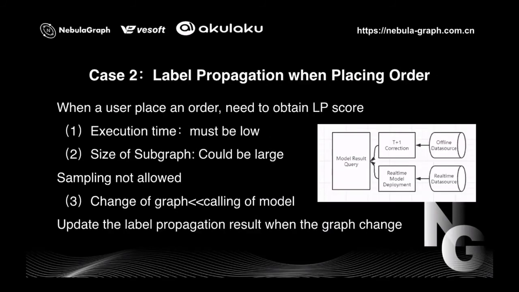The second case is label propagation when we are placing an order. By placing an order, we mean that when a customer places an order, we can still determine whether or not we approve the request, and we can turn down the suspicious request. In this case, we need to obtain the label propagation score, and the execution time limit in this scenario is very strict because there is a huge number of orders each day.